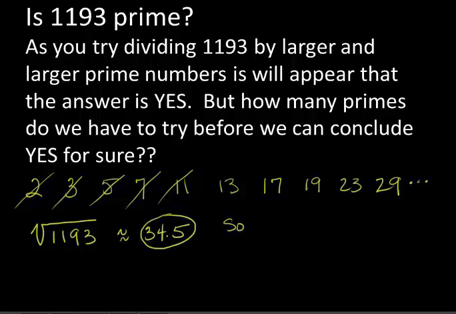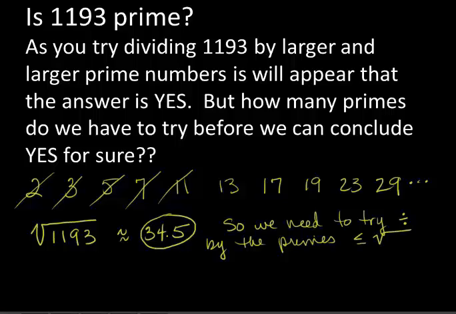So we need to try dividing, I'll just use shorthand, dividing by the primes which are less than or equal to the square root of the number.